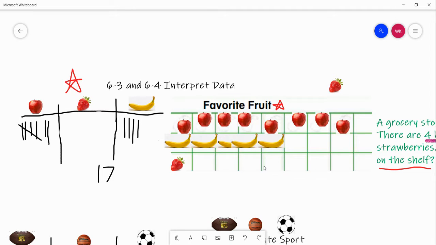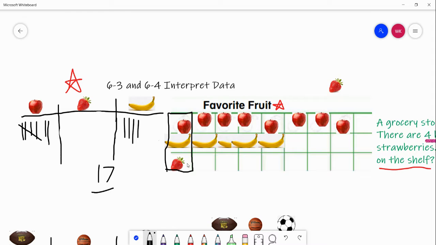So we just put 7 apples into our picture graph. Now we are trying to figure out how many strawberries there are, if there are 17 fruits on the shelf. The first thing I want to tell you is, remember, this was our picture graph. This is our key right here, so these aren't included in our counting. This is our key, what our categories are for this picture graph. So we're not going to be counting that first row.